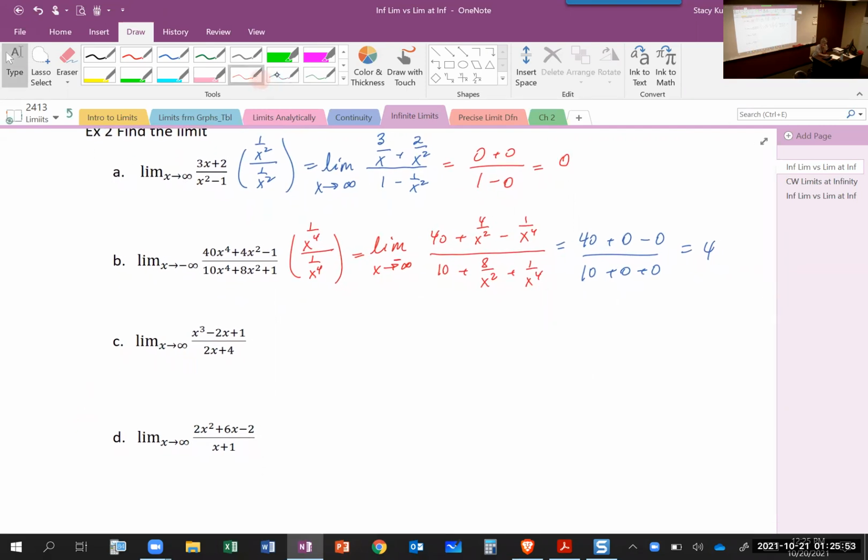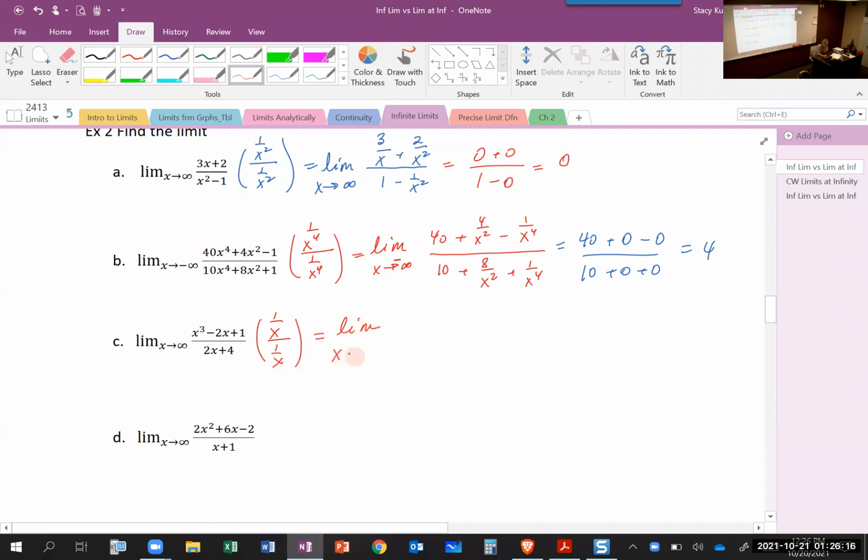Let's look at this next one. So for this next one, what is the highest power of the denominator? x, right? So 1 over x, 1 over x.